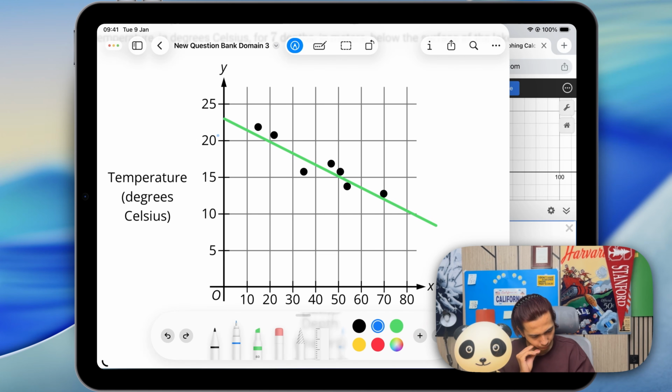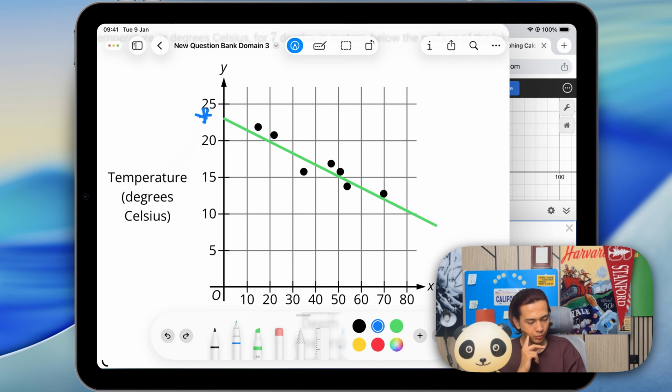Let's assume that the initial value is somewhere in between 20 and 25. Or can it be over 25? I don't think so. It's most probably in between. And then after 80, you're coming down to around 10.